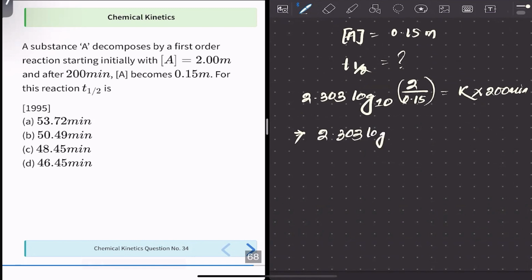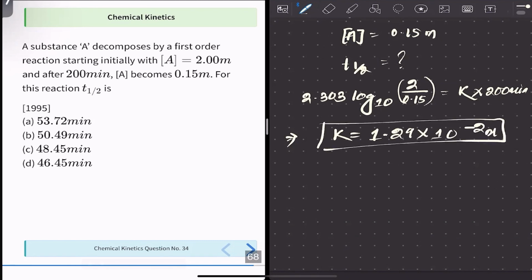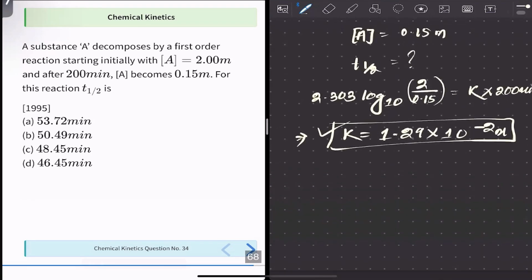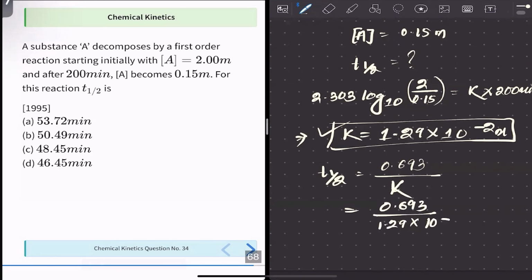2.303 log 10. If you solve this equation, I'm writing down the value directly. If you solve this, you will get K is 1.29 into 10 to the power minus 2. From this, we get the value of K. Then T half would be 0.693 divided by K. That is 0.693 divided by 1.29 into 10 to the power minus 2.